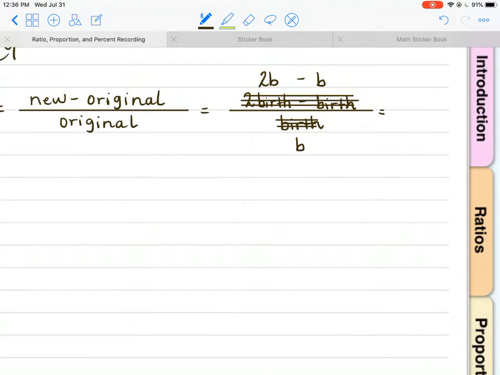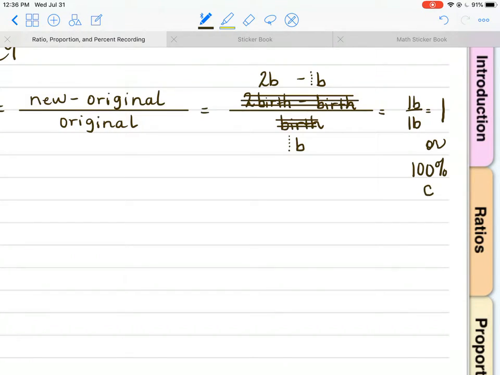So 2b minus b, and remember if there is no coefficient, you can use a 1. So 2 minus 1 is 1b over 1b, and that is going to be 1, or 100%. So the percent of change is actually 100%.